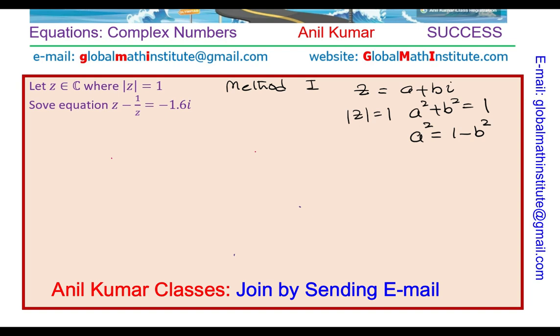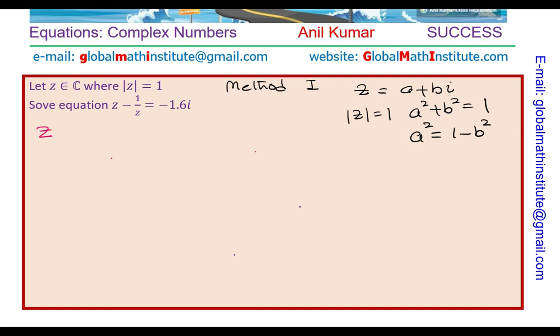So now let's begin with z minus 1 over z. Correct. So z is a plus bi for us, minus 1 over a plus bi. So what are we doing? We will simplify left hand side, right? Left side.